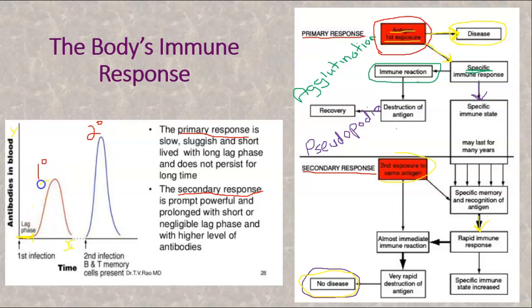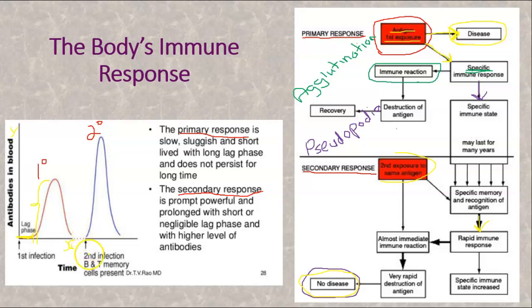In this region here, the level of antibodies in the blood is increasing rapidly. Look how long it took, compared to the blue graph on the left. You have almost no time at all.